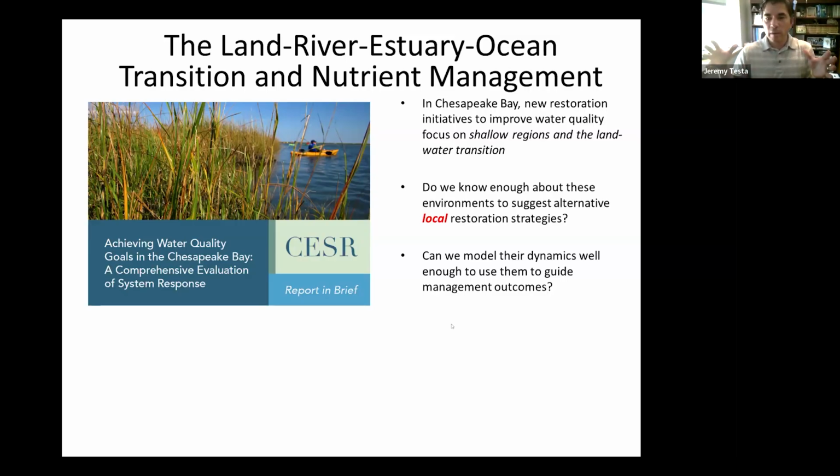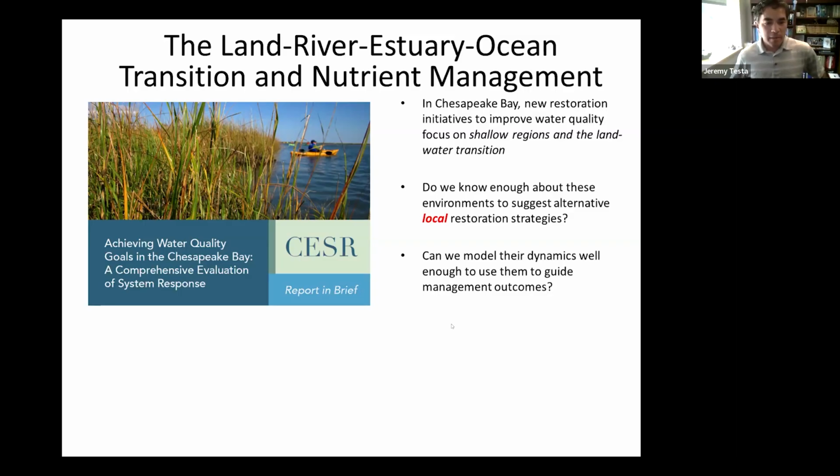There's this big nutrient budget for the whole ecosystem, but now people are thinking about how we might guide that restoration based on ever smaller areas. One of the reasons is the recognition that, to sell these expensive restoration efforts to the public, we need to do things that relate to their daily lives, at scales where the way people manage their own property might be relevant to the process.